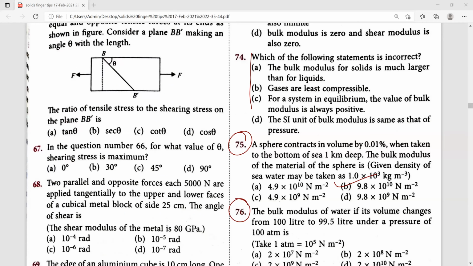76th one. The bulk modulus of water, if its volume changes from 100 liter to 99.5 liters under a pressure of 100 atmosphere, is?